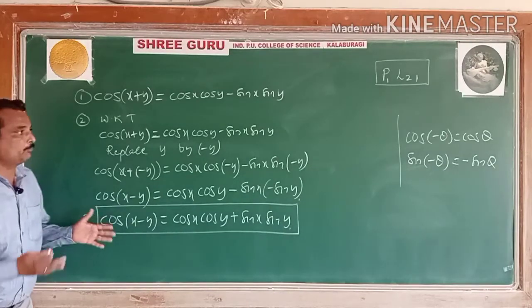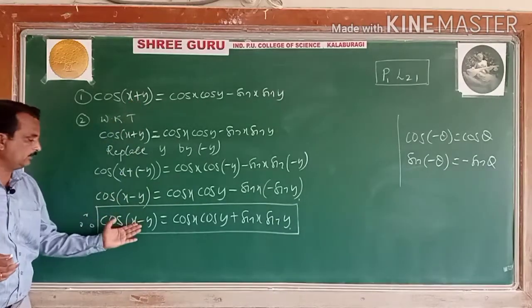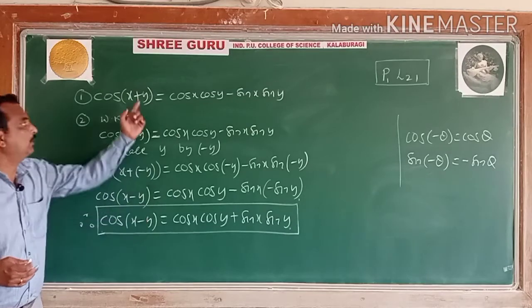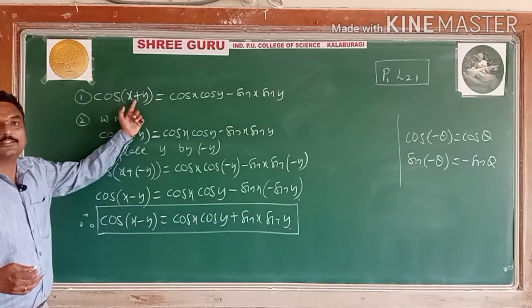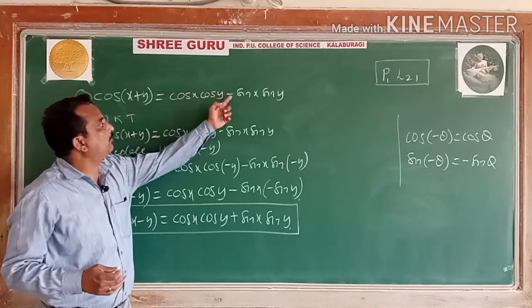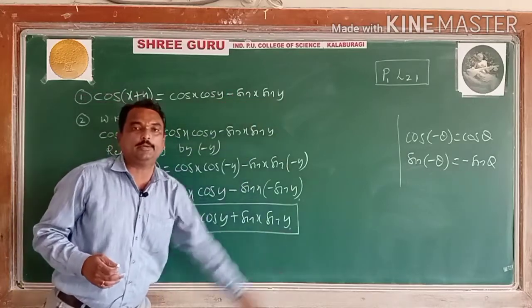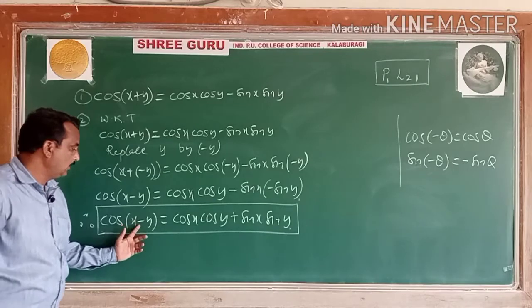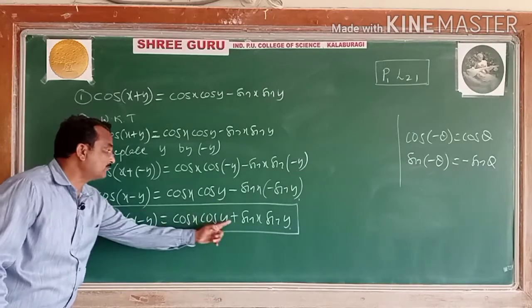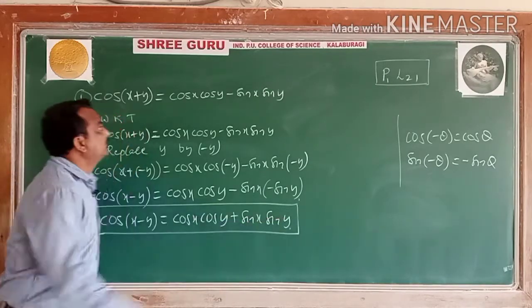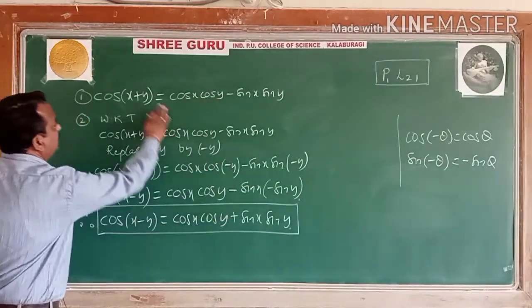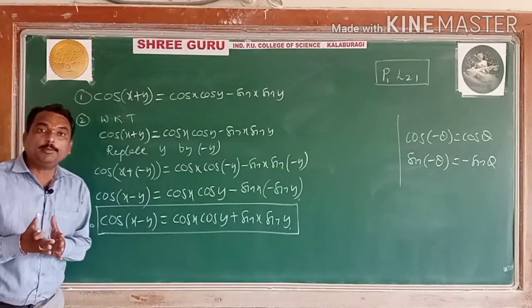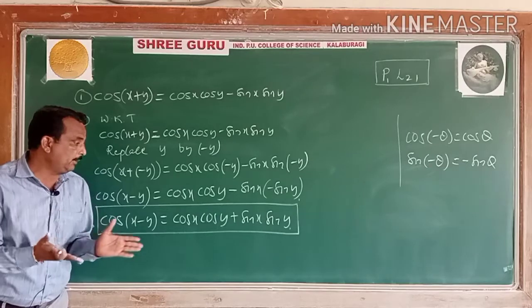Students, remember how to remember both formulas. This is the sum formula and this is the difference formula. Sum: cos of x plus y is cos x into cos y minus sin x into sin y. Difference: cos of x minus y is cos x into cos y plus sin x into sin y. Compare the difference between these two formulas and try to remember that difference, and you will remember the formula.